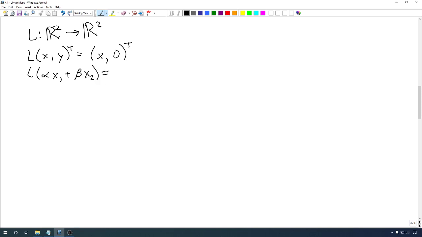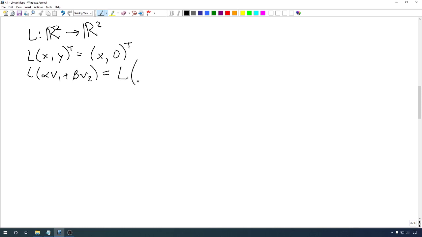We don't need transpose there because this is a two-dimensional vector and a two-dimensional vector. Actually, maybe we should call these v1 and v2, like we have in the definition.